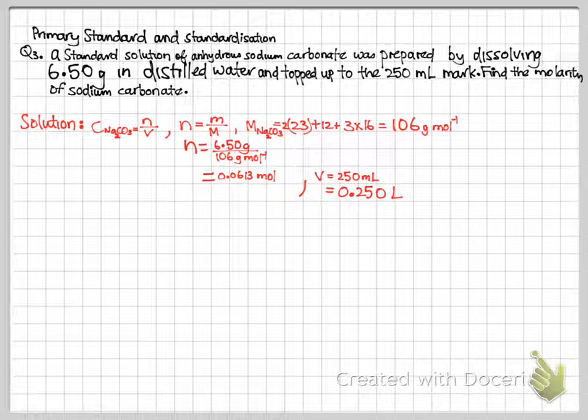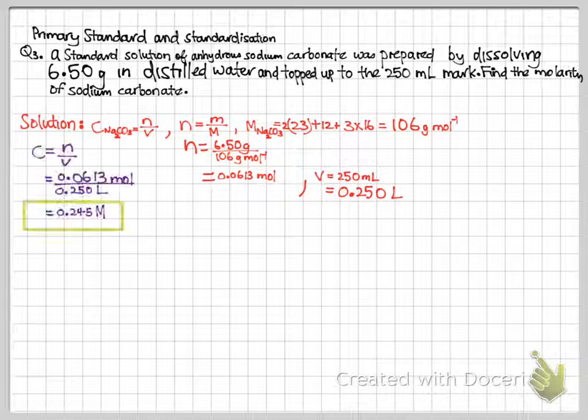And we're also given the volume. There's a relationship between number of moles over volume that will give us a concentration, so that's what we want. Okay, as you see now in purple, we calculated the concentration of the sodium carbonate primary standard as 0.245 molar.